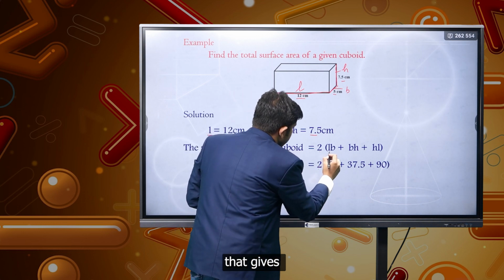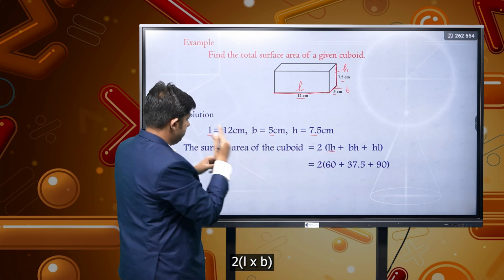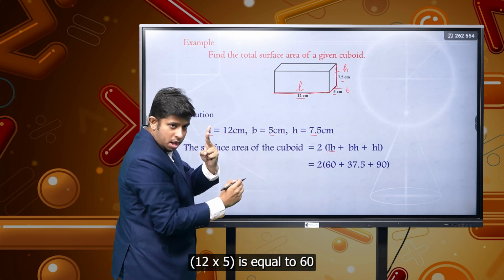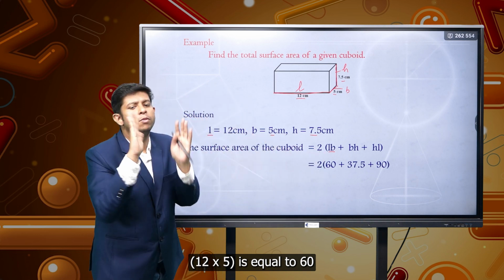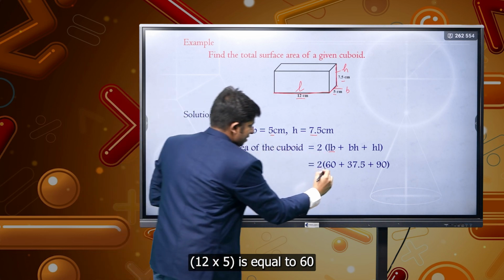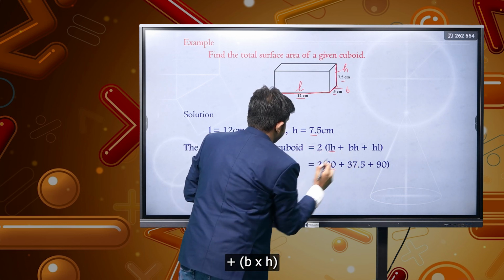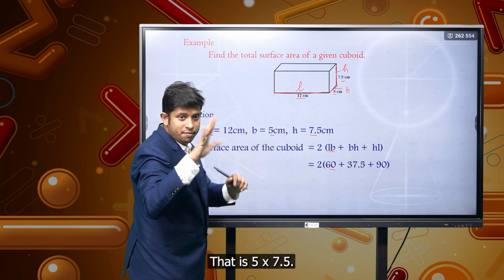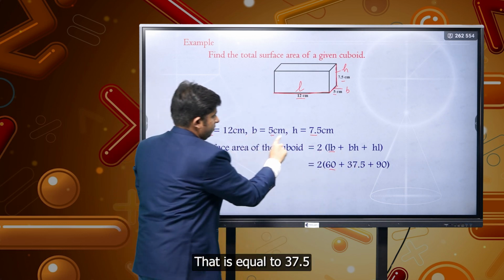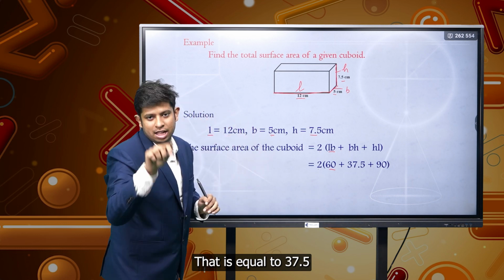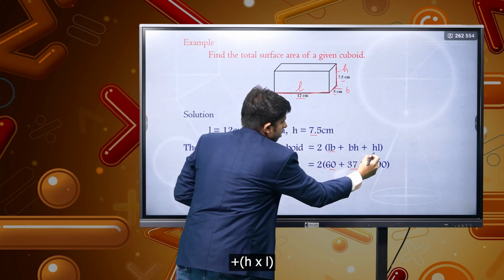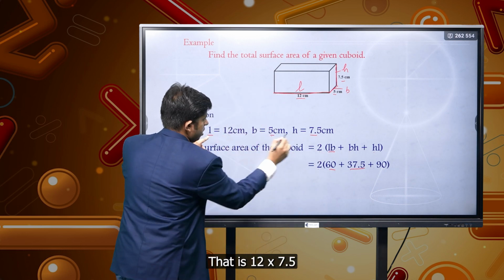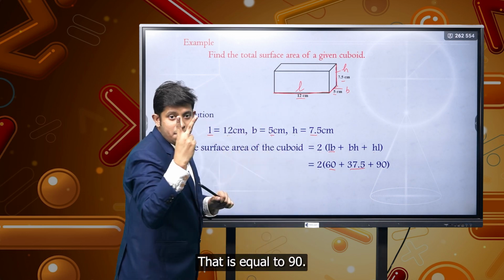That gives 2 into L into B, 12 into 5 is equal to 60, plus B into H, that is 5 into 7.5, that is equal to 37.5, plus H into L, that is 12 into 7.5, that is equal to 90.